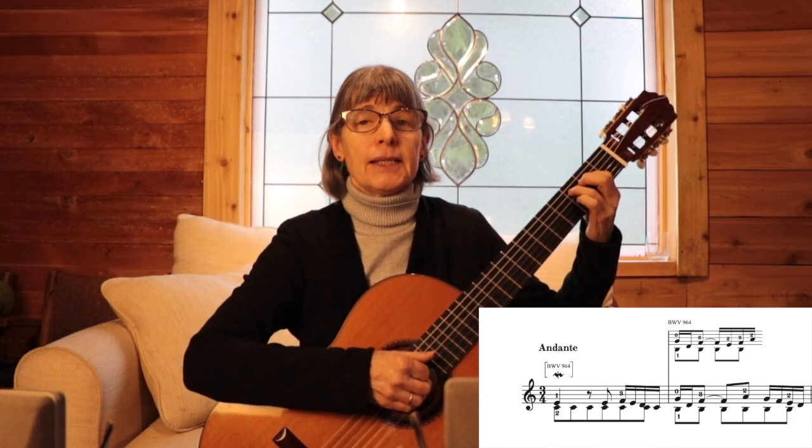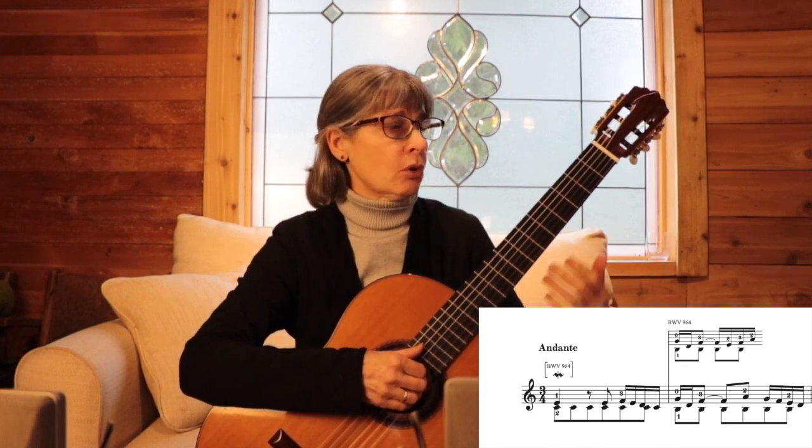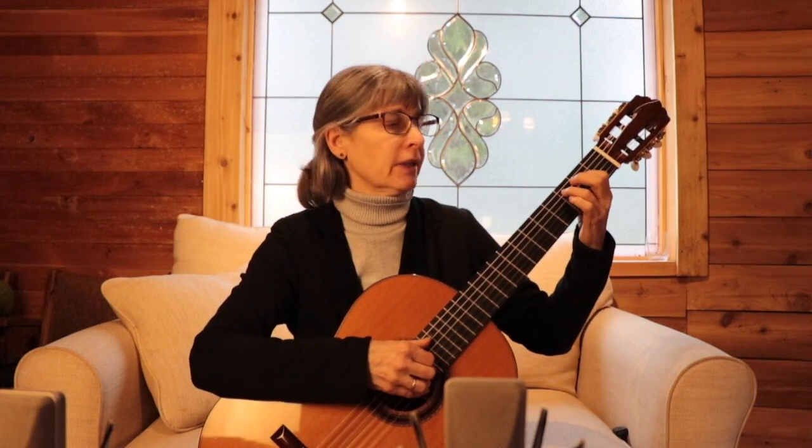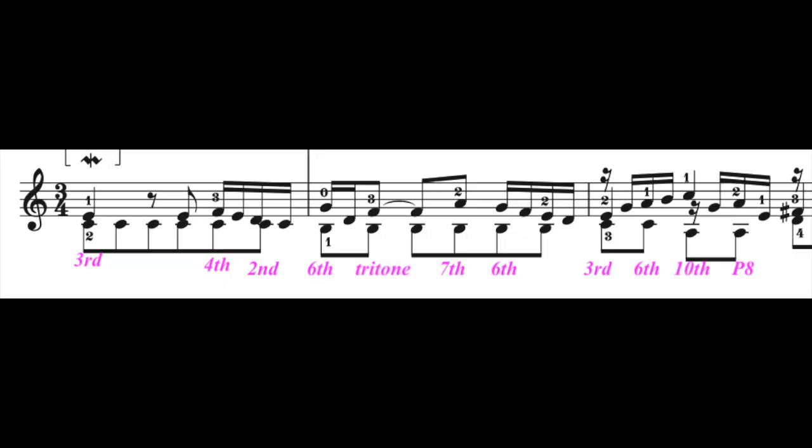The other thing he does that I discussed in this previous tutorial video is it's like an exploration of all the different intervals. And so we have these series of intervals that are just spilling into one another. So we get a third, a fourth, second, sixth, high tone, seventh, sixth, and then back to a third.